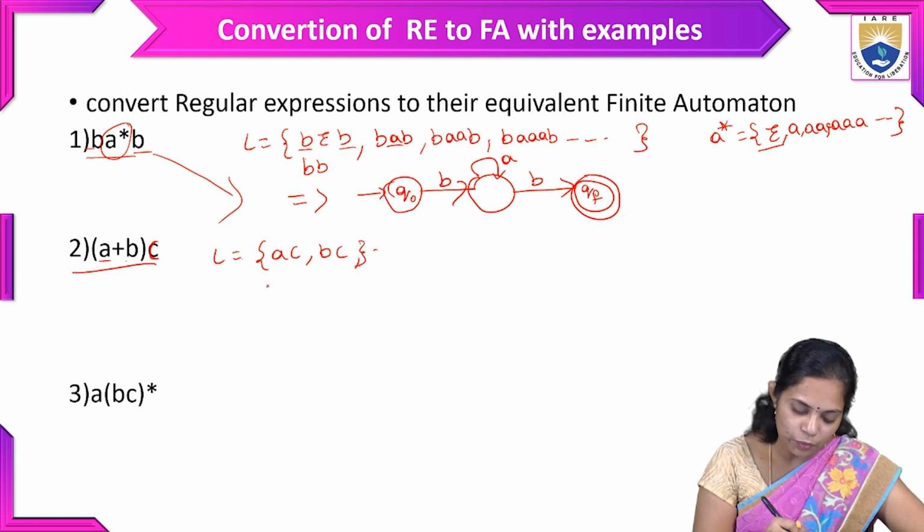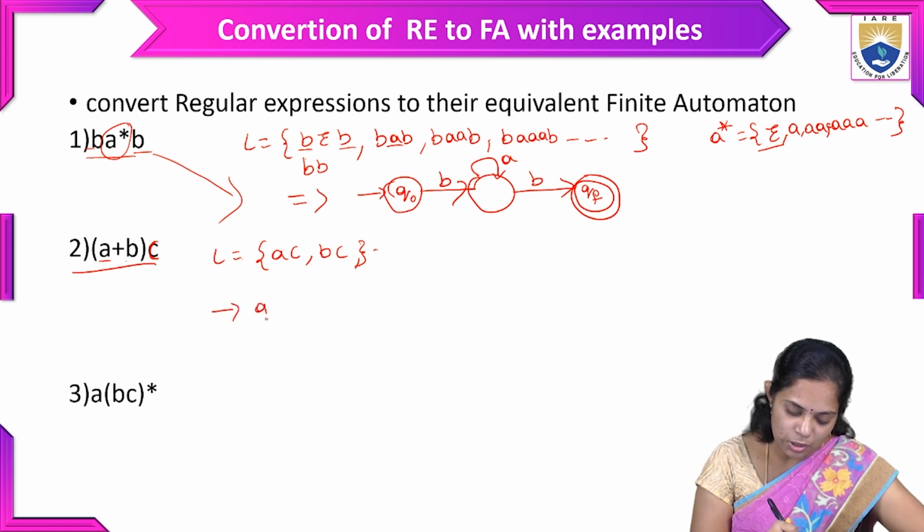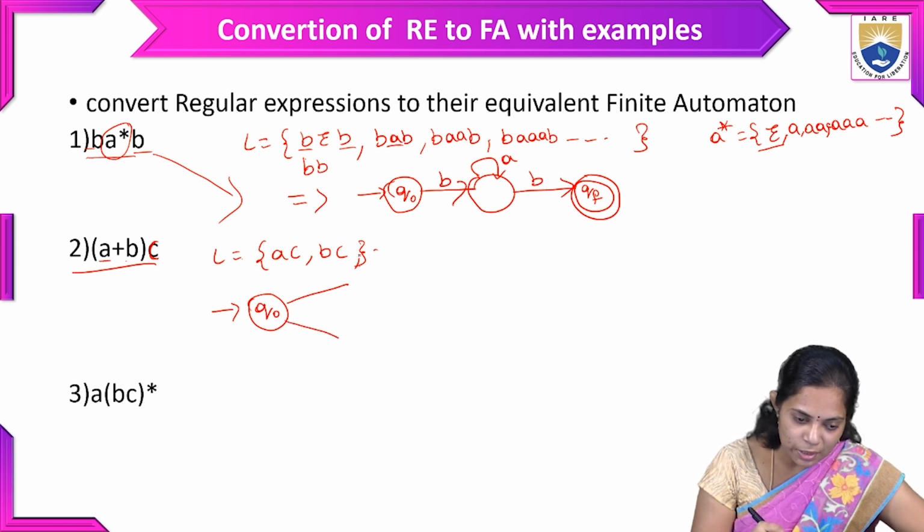So how to form this regular expression? We have to start with Q naught, the initial state, and since it is forming with multiple states, there are two inputs. So how to represent the two inputs?